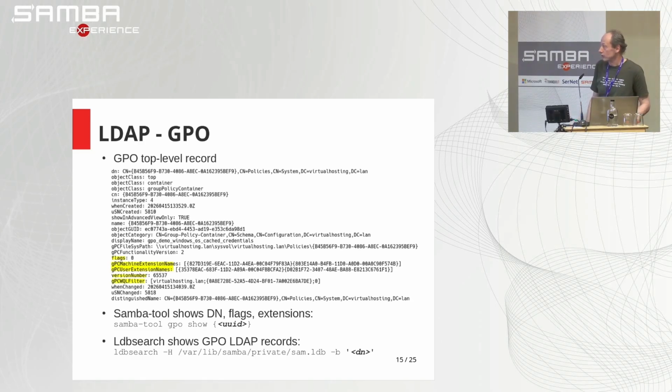Then we have the client-side extensions for user and for machine. We have the same version number as in GPT.INI, so it must match. And if you have a WMI filter, you have a reference to the UUID of the WMI filter.